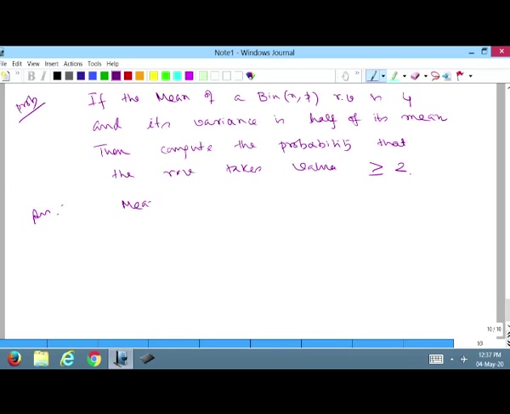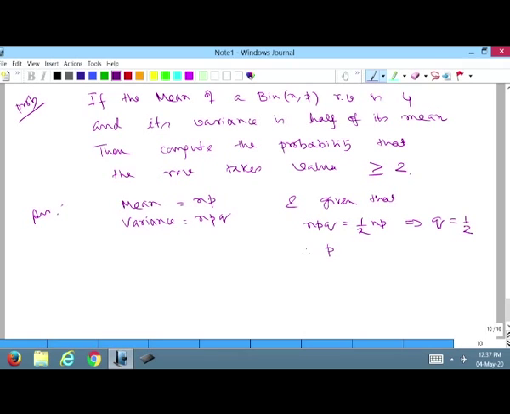Mean is equal to np, variance is equal to npq, and given that npq is equal to half np implies q is equal to half.